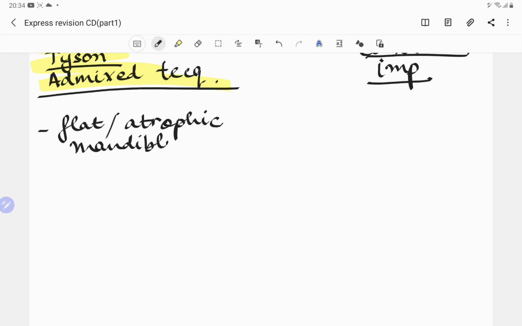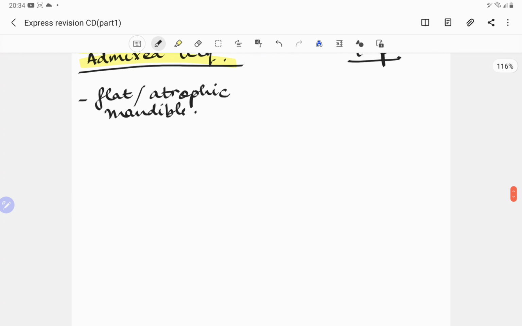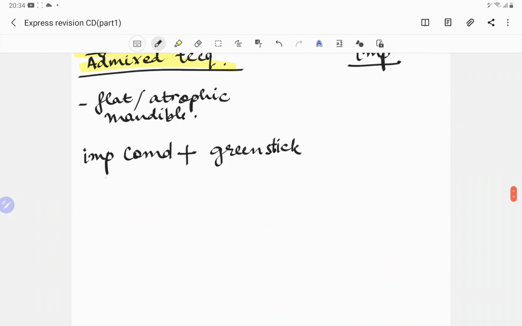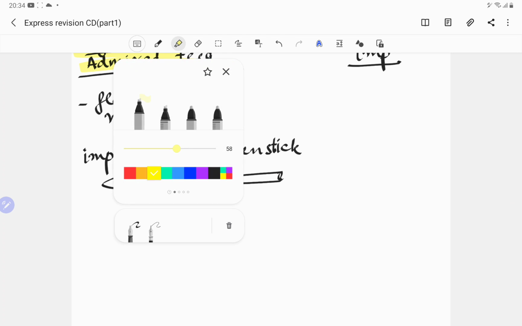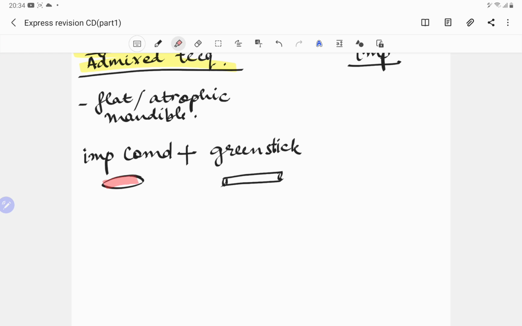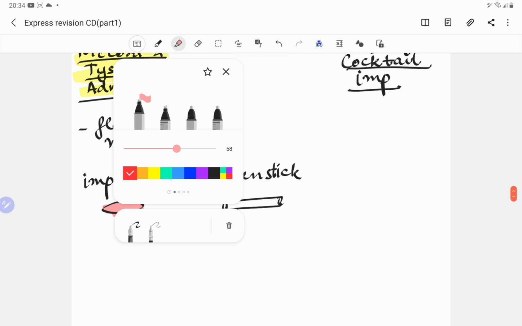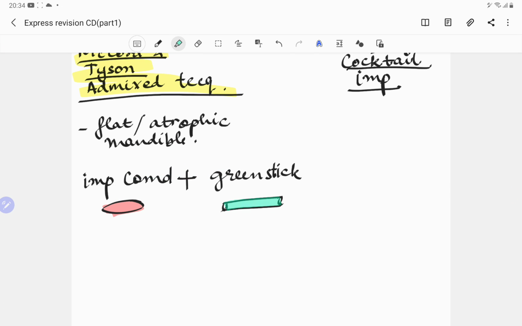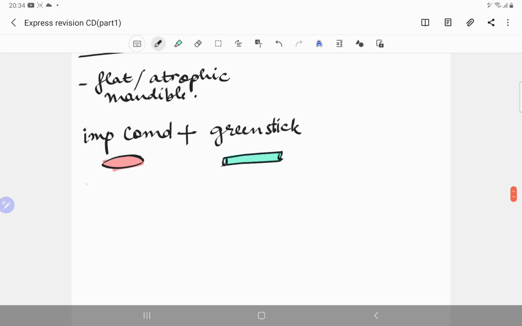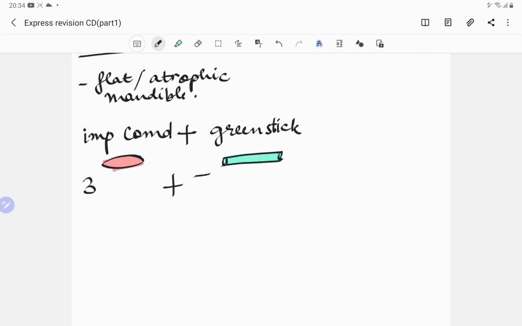We take a combination of impression compound plus green stick, in a ratio of 3:7 parts.